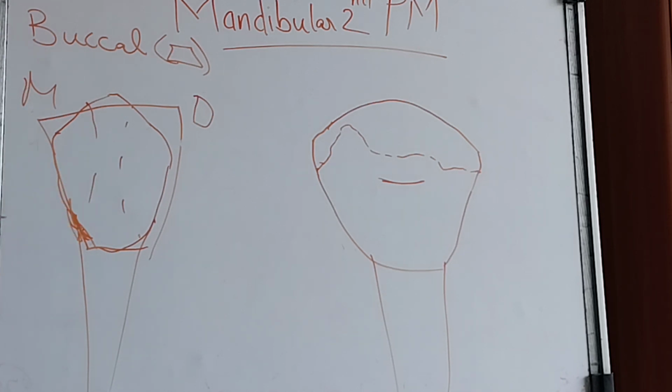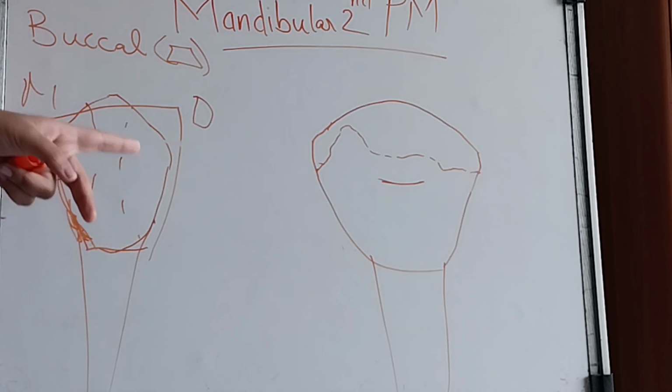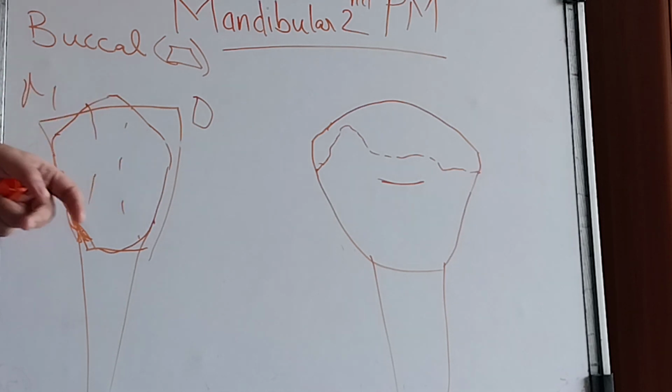It's convex over here, and the height of contour, or the mesial contact area, is at the middle third of the crown, somewhere over here. The distal outline is more convex, and the height of contour is also in the middle third, so the same level.